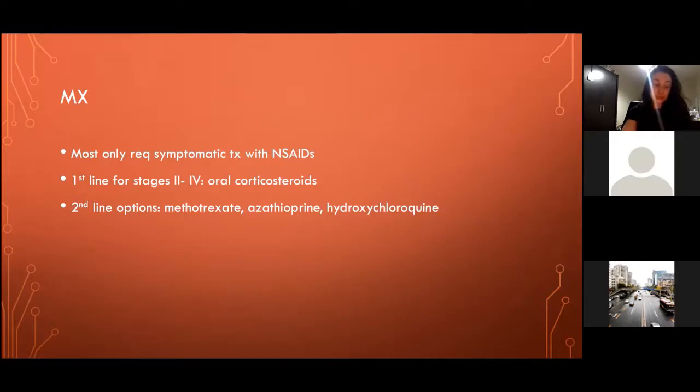Azathioprine, which is an immunosuppressant that blocks purine synthesis, which is required to produce DNA and RNA, and then hydroxychloroquine, which is an anti-malarial drug. So oxygen therapy may be needed, and that's generally if saturations have dropped below 88 or the PaO2 goes below 55.